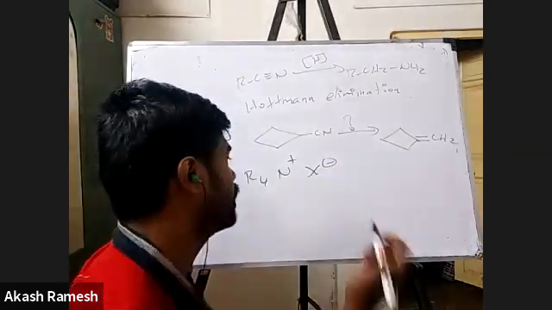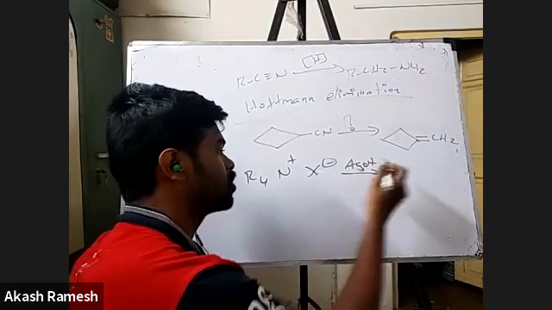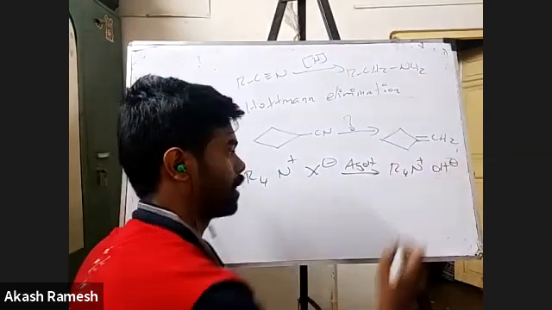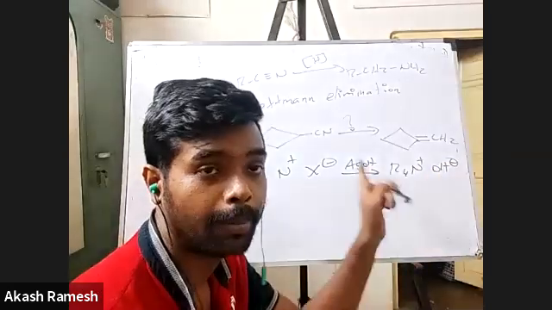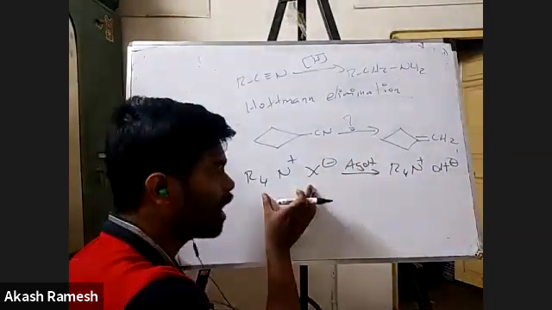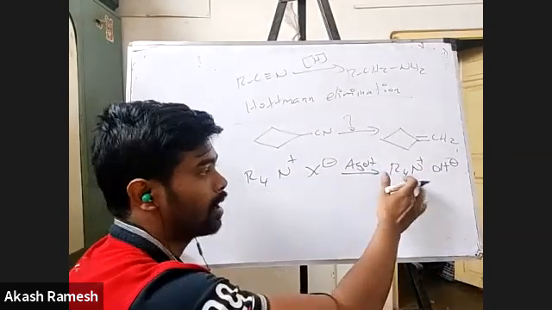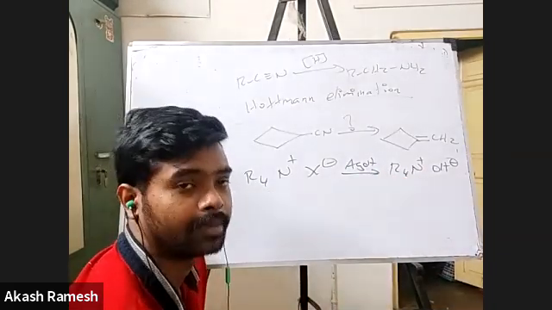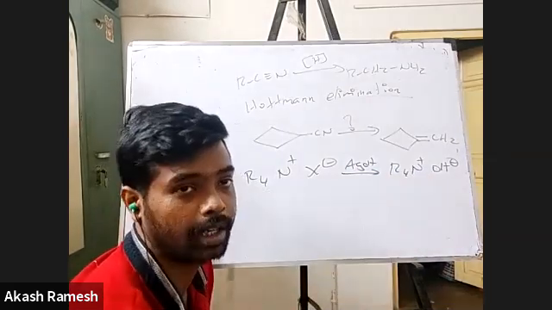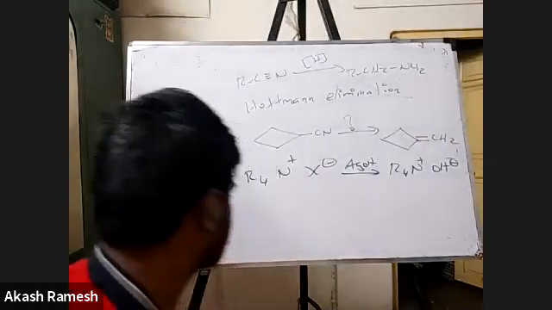Now if I put AgOH to this, this X- is going to be OH-. This is the quaternary ammonium hydroxide, and the earlier one is the quaternary ammonium halide. The reaction happens with quaternary ammonium hydroxide only. Let me take an example.